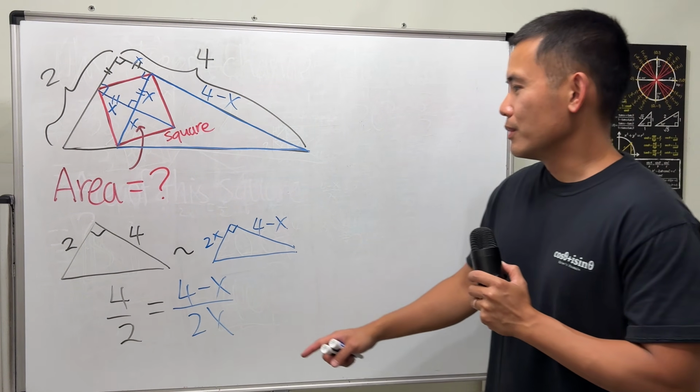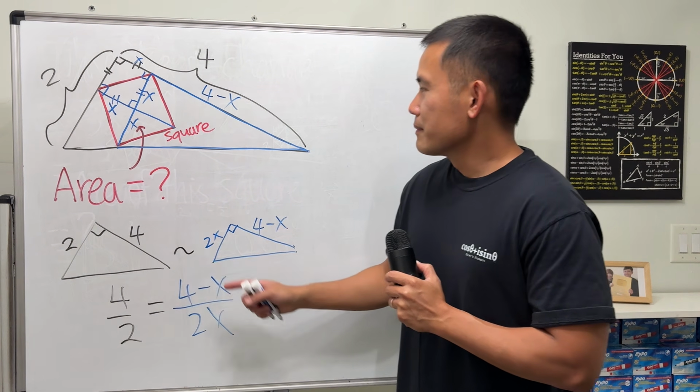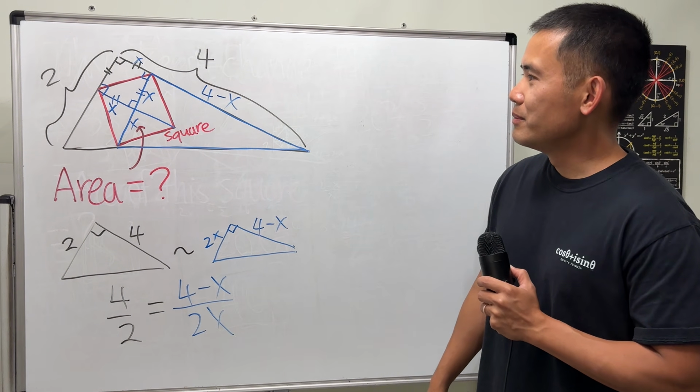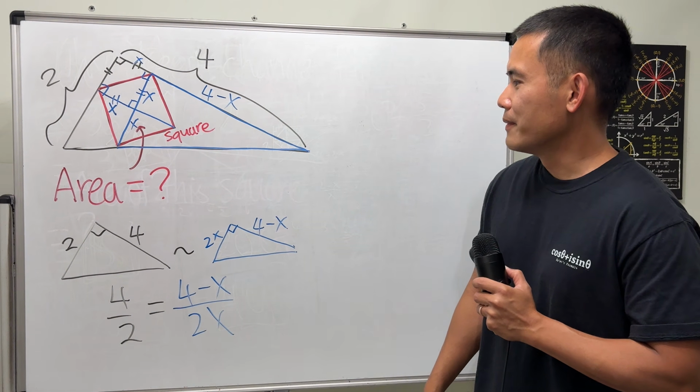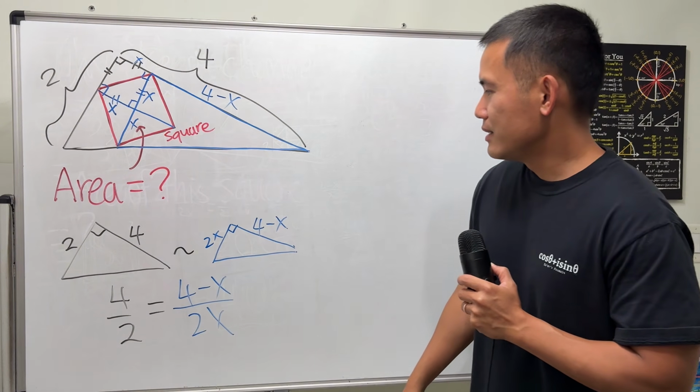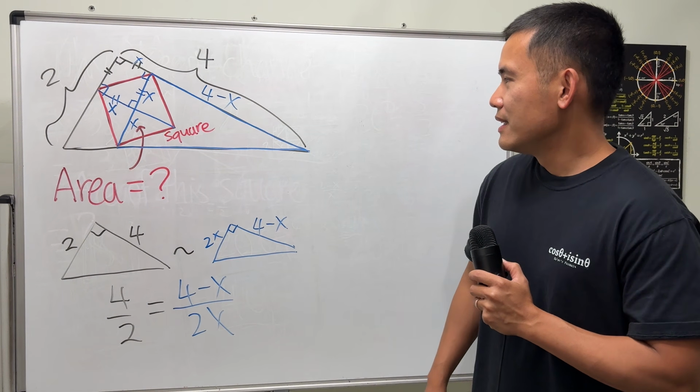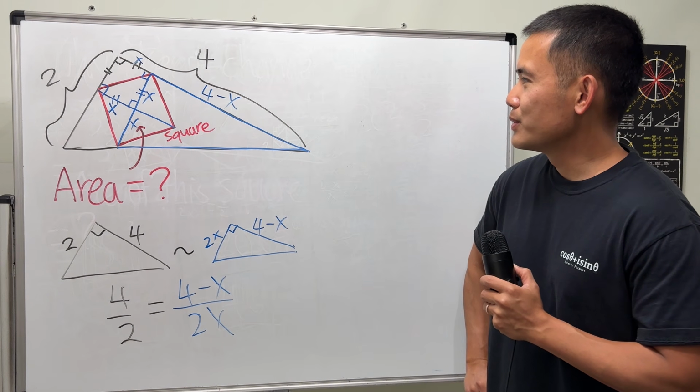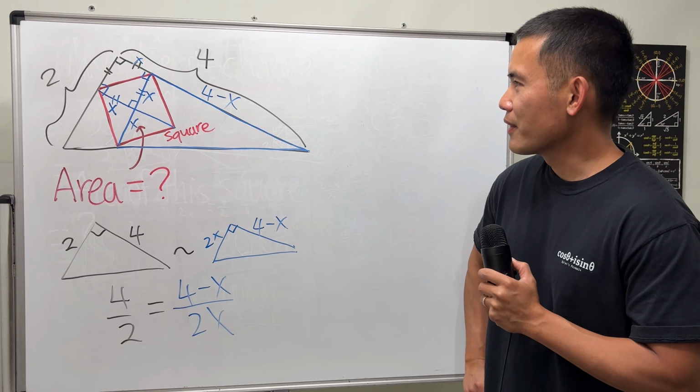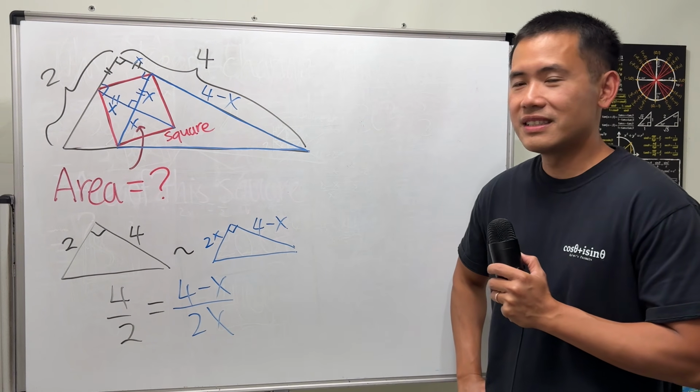Oh, by the way, I should also have mentioned, they're similar. Let me see, how can I give a reason? 90 degrees, and, do I really have to say that they are similar? Well, this is just obvious.